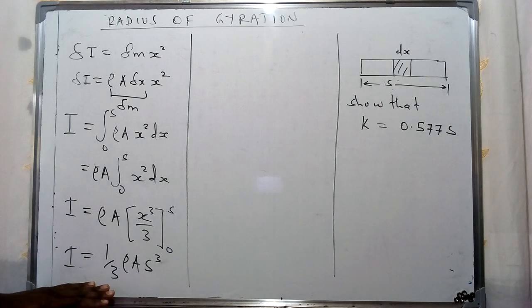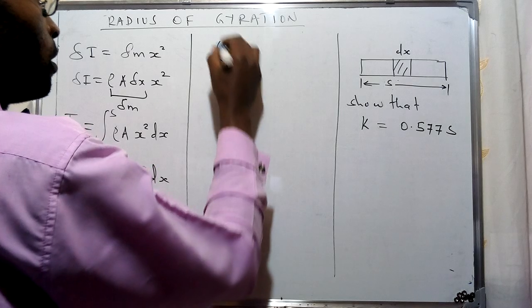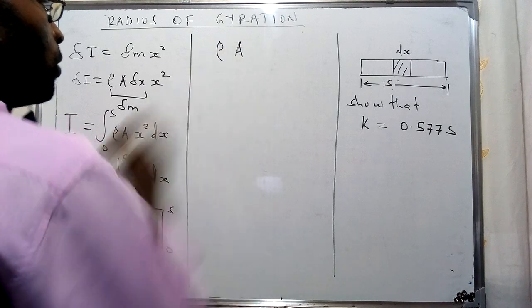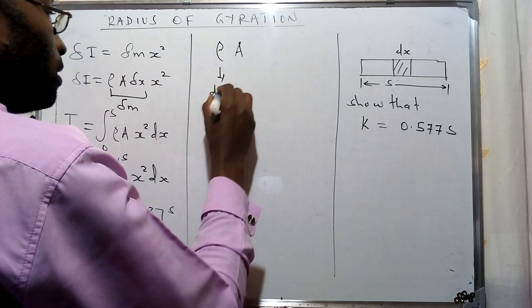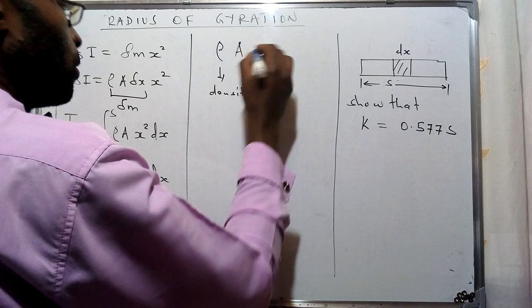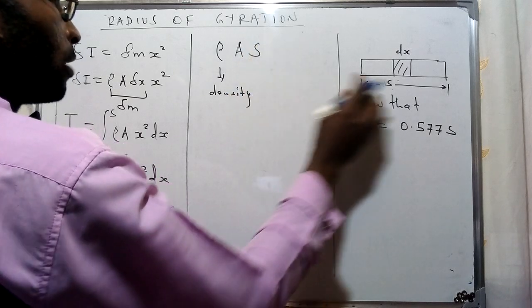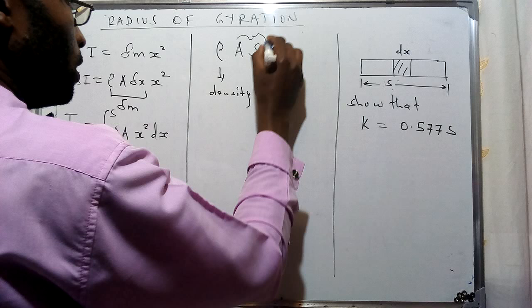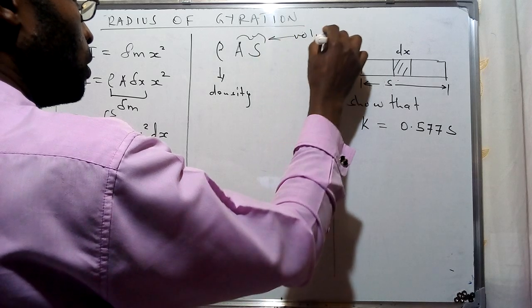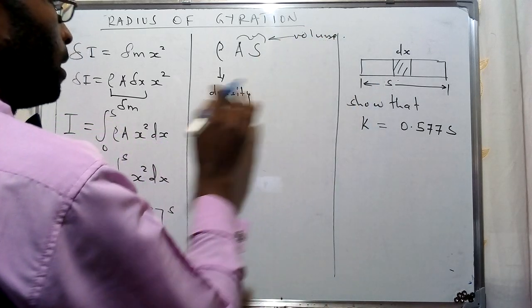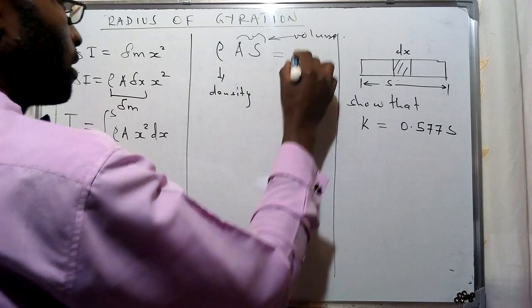And from this, we are going to consider what we refer to as mass. Remember, in our previous representation of the concept of the moment of inertia, we use mass. In our normal evaluations, we know that density and the cross-sectional area times the length give us what we refer to as volume. Now, the product of mass density times volume gives us a mass.